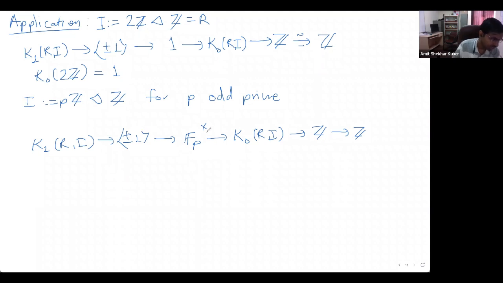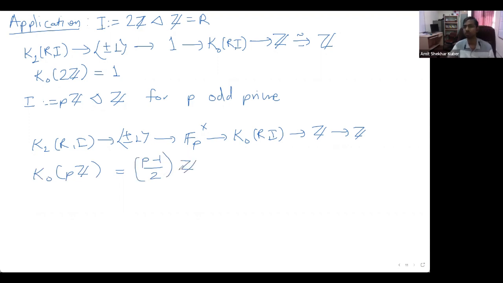The image of this, and you have to compute a lot of things. So K0 of PZ in this case will turn out to be (P minus 1)/2 Z, because this contains P minus 1 elements. You also have to consider the maps, then only you can construct this.